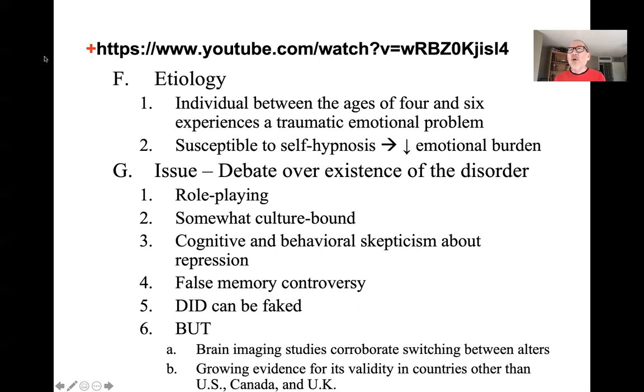So how does dissociative identity disorder, at least in theory, come about? The theory is that individuals experience some kind of childhood trauma, physical, sexual, or something along those lines, and that the emergence of other personas serves to contain the experience of different emotions which the primary individual can't experience.